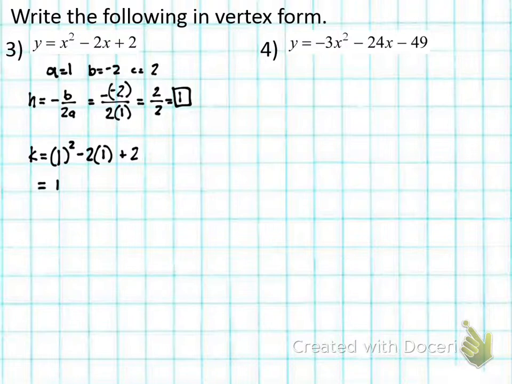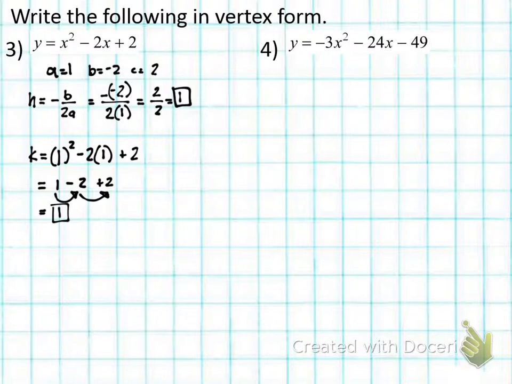What's negative 2 times 1? Negative 2 plus 2. Okay, now we're going to work this out. 1 minus 2 is negative 1. Negative 1 plus 2 is positive 1. Okay, so that's our k.